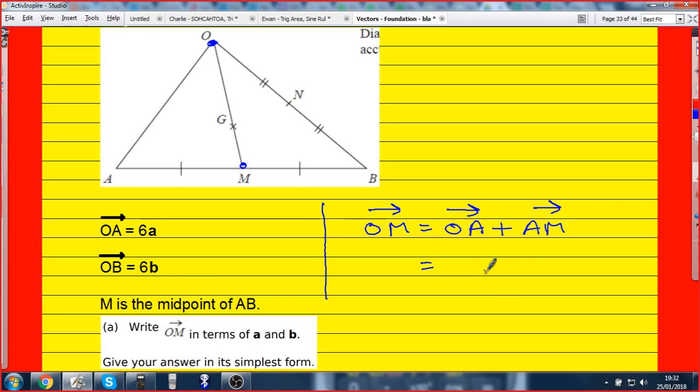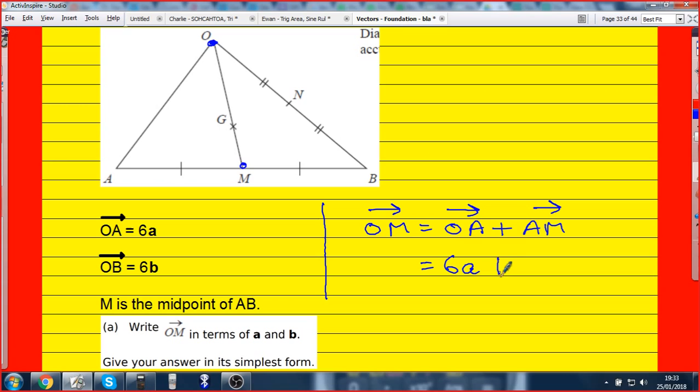Okay. So OA is the same as your 6B. Now, OA is 6A.